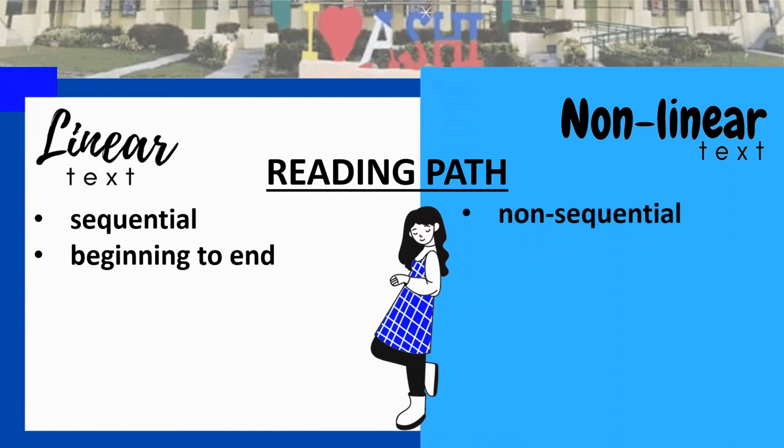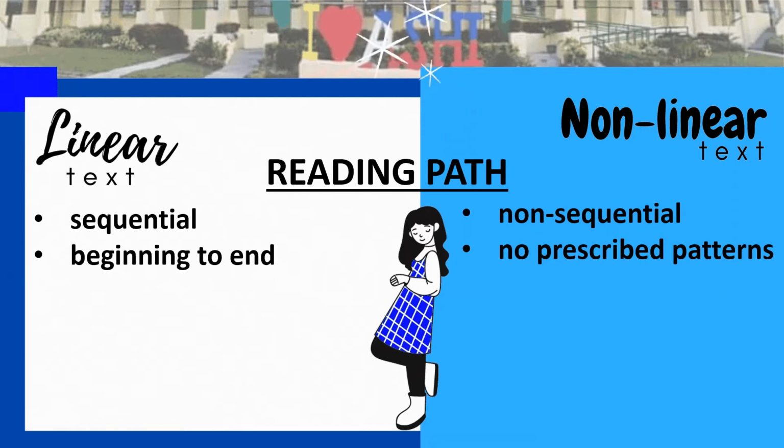On the other hand, a nonlinear text is non-sequential. This means that the readers, not the author, decide how the text is to be read without necessarily following a prescribed pattern.